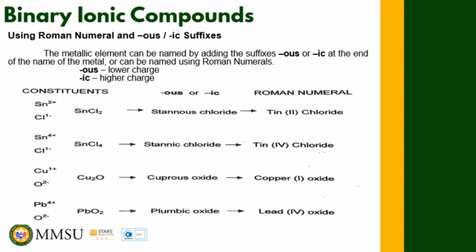So, for this, by combining Sn2 plus and then Cl negative 1. So, applying the cross method, we have Sn and then Cl2. Sn is the metal and stannous, meaning it has a lower charge.